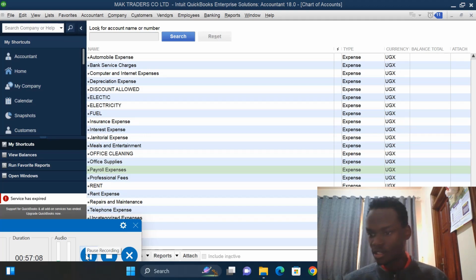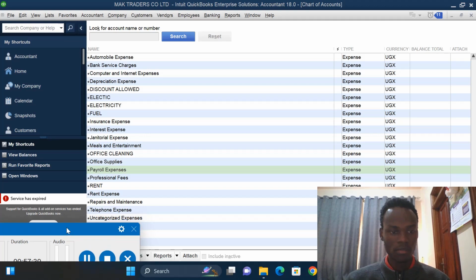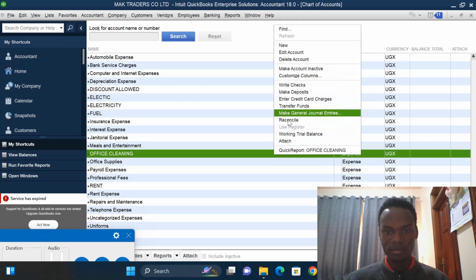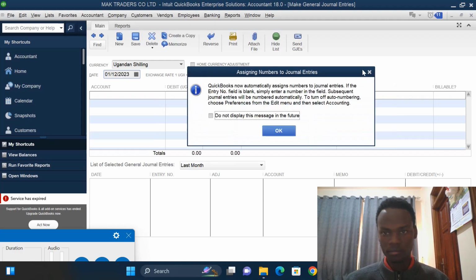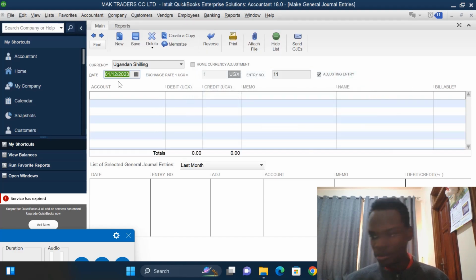So our next transaction says 20th January, 300 and 200 were paid to Amanda and Data respectively. So we'll come and we'll make a general journal. So the date is on 25th.